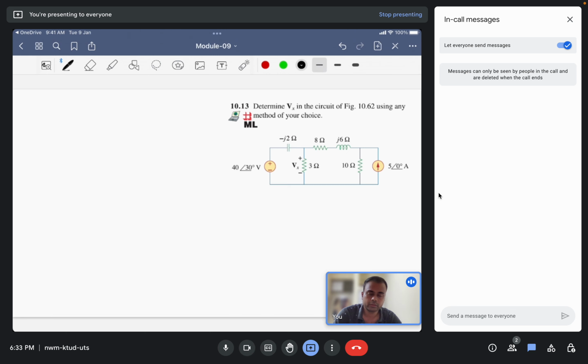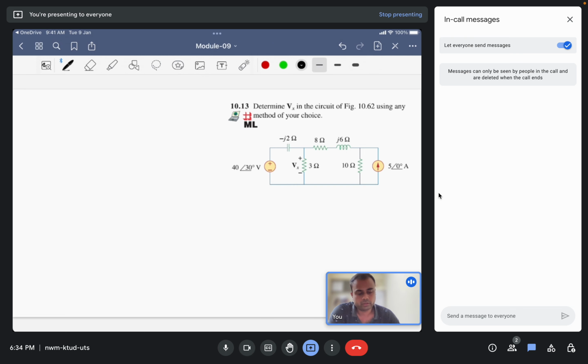Since we have already solved two problems using nodal analysis, let us try to solve this problem using the superposition theorem. From the superposition theorem, we can open circuit the current source and solve the problem, and short circuit the voltage source when we are taking the current source as the only source in the circuit.